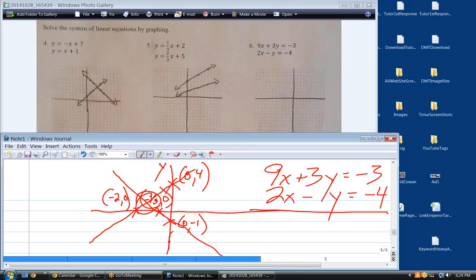Will anything be eliminated if I add or subtract them? No. What do I have to do to one of the functions so that something will be eliminated if I add or subtract them? What could I do to the bottom function?